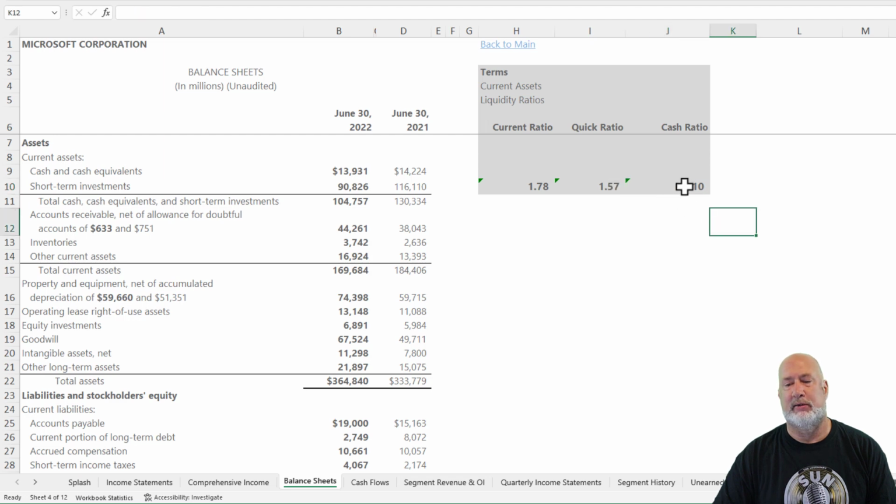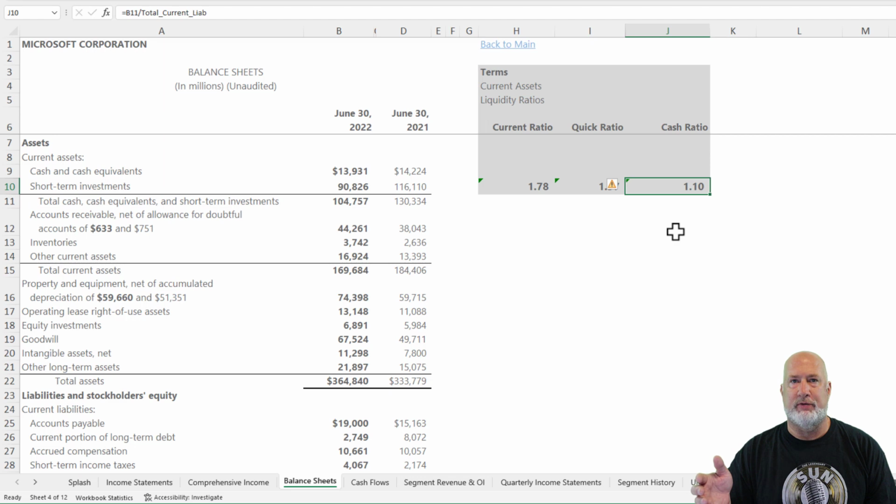Microsoft's still looking good. So basically Microsoft, if they didn't turn over their inventory and get paid for it, if they didn't get any money for their accounts receivable, they can still pay all their short-term obligations that are due within the next year, because it's 1.1.